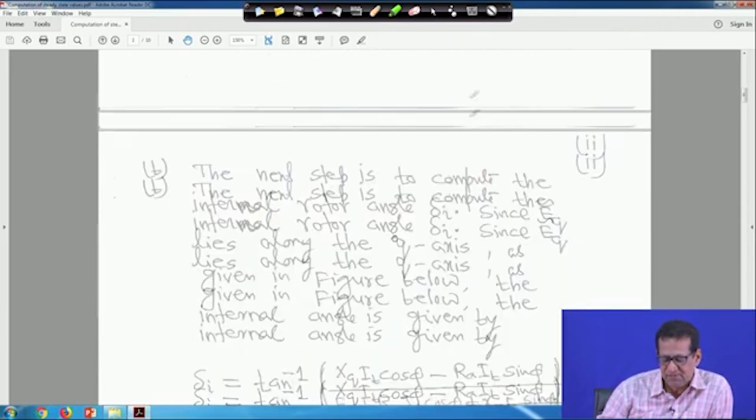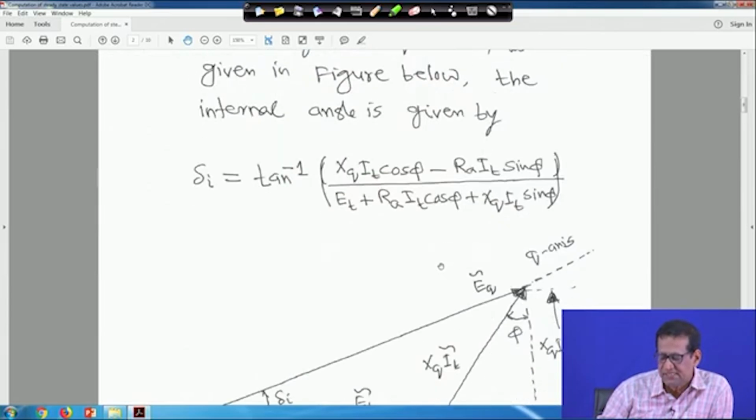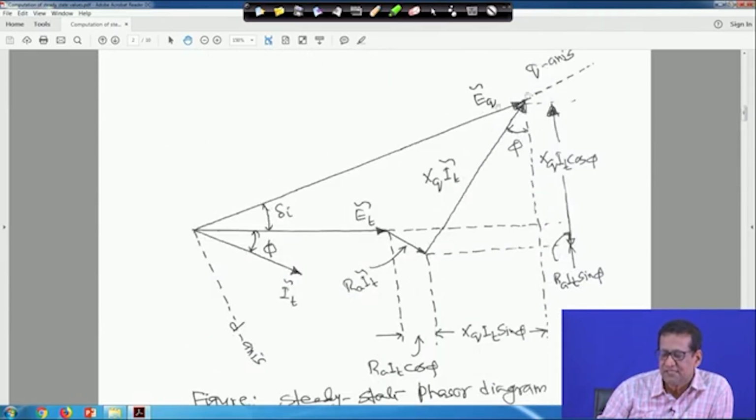Now, the next step is to compute the internal rotor angle delta I. Since Eq tilde lies along the q axis, as we have seen earlier, as given in the figure below, the internal angle is given by this phasor diagram. This is my q axis, right.